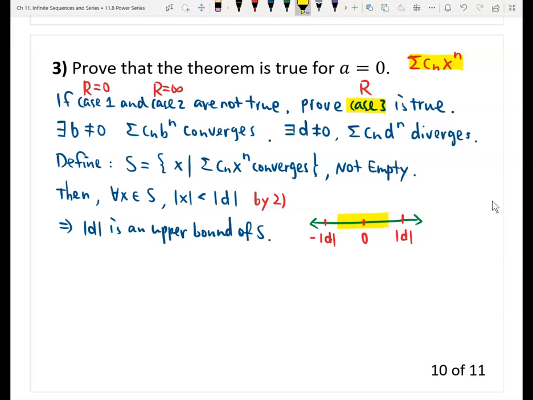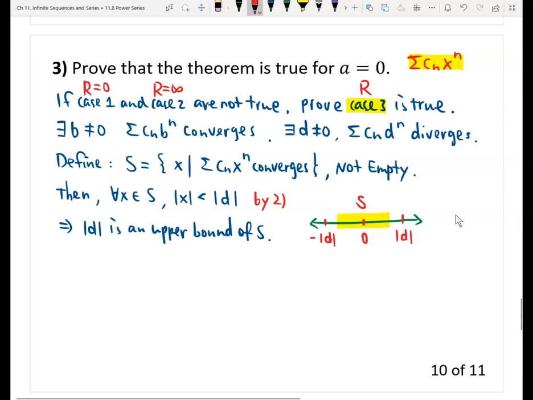Our domain probably looks like this, including 0, right? Of course, b is also in the domain S. So I put an S here. It's not exact so far, we just have a basic idea: S is inside of this interval from negative d to d.